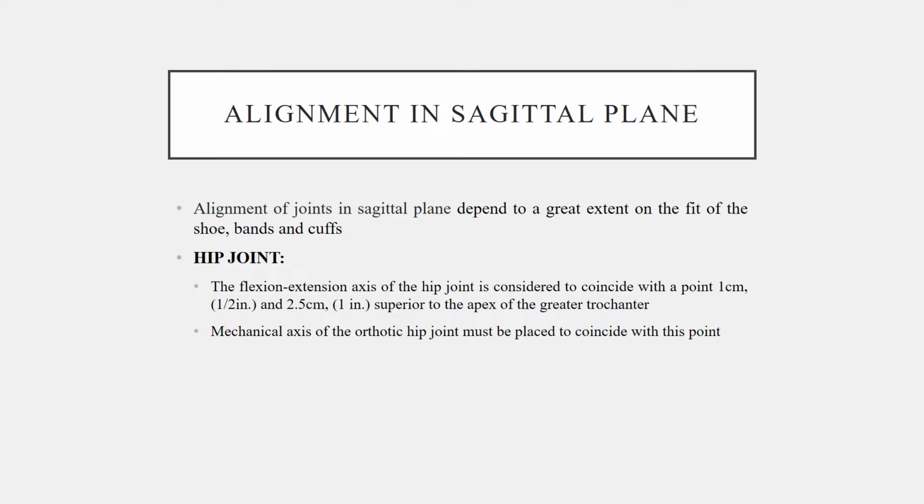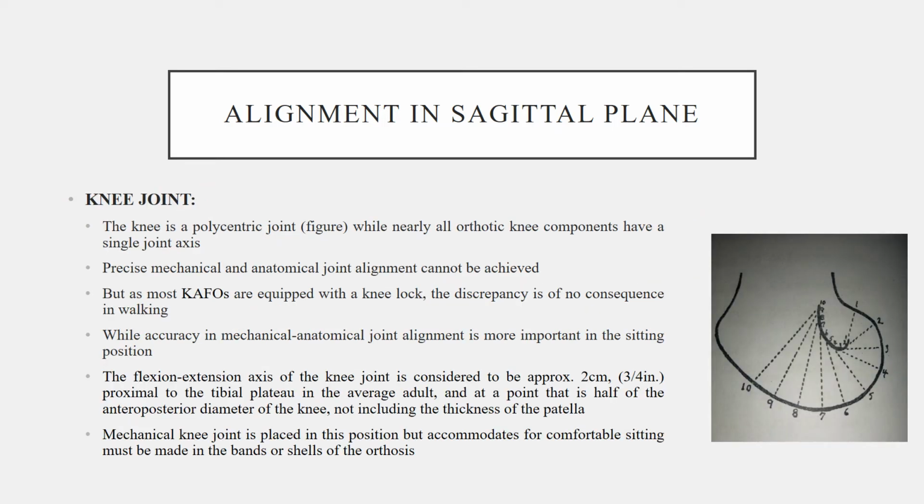In case of hip joint, the flexion extension axis of hip joint is considered to coincide with a point 1 cm, which is half inch, to 2.5 cm, which is 1 inch, superior to the apex of greater trochanter. Mechanical axis of hip joint must be placed to coincide with this point, so that both joints can be congruent. The second major joint is knee joint.